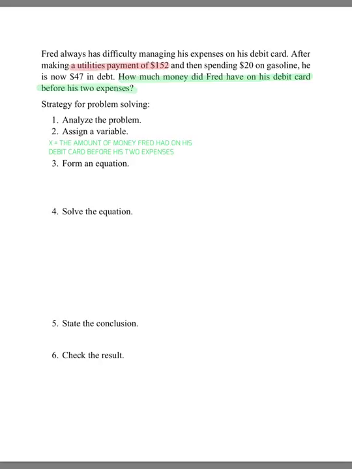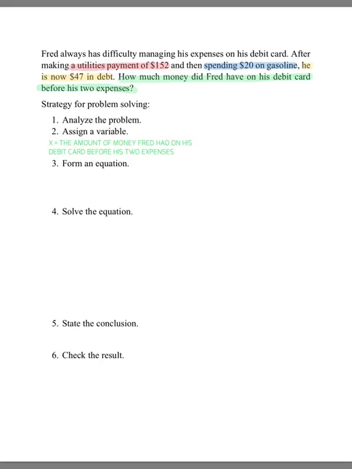So we also have that. And we know that after that, he is now $47 in debt. Okay, so we're going to go ahead and try to create an equation from that.